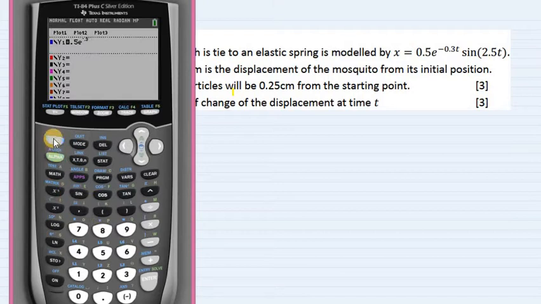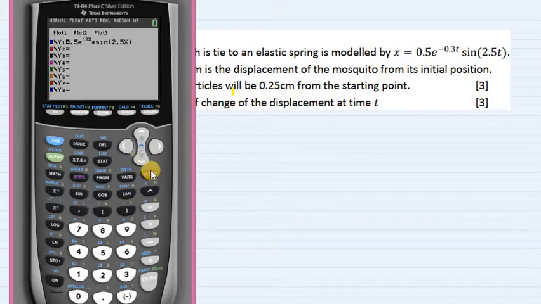because our calculator doesn't recognize t, 2.5 x sin 2.5 x, like that.